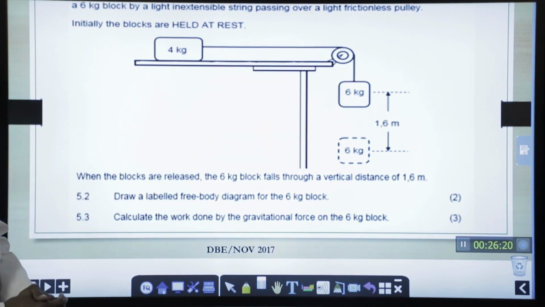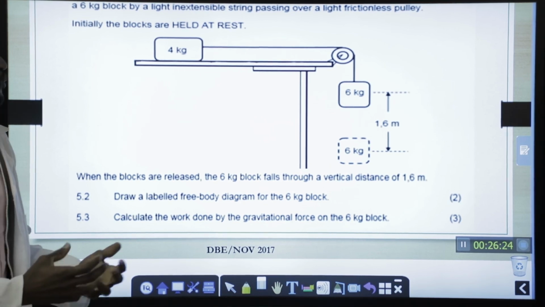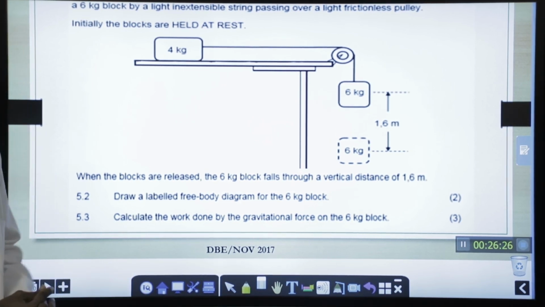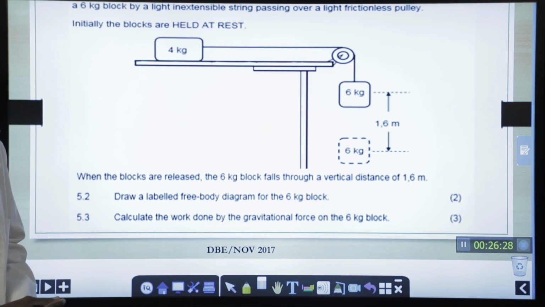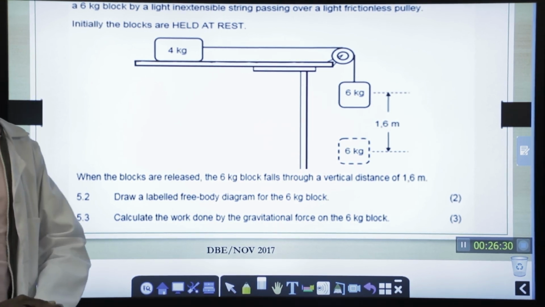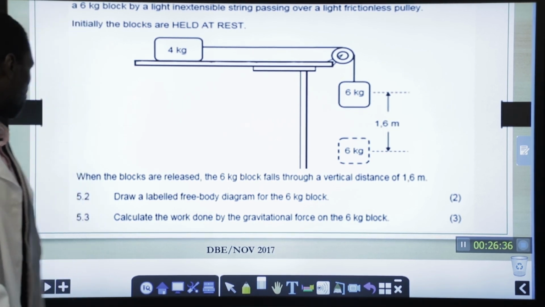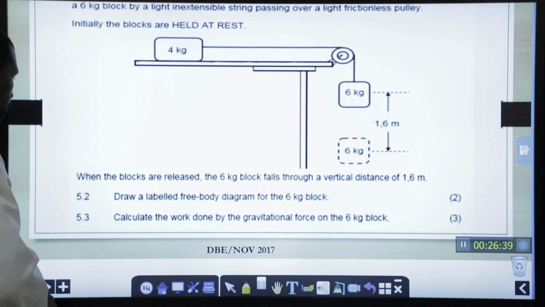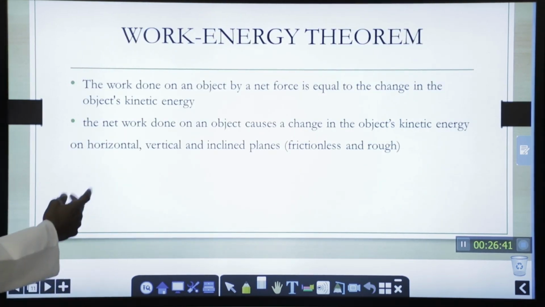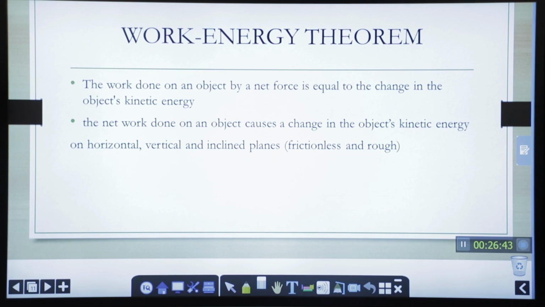We have been able to use aspects of work to find the work done by an object, and the formula force is equal to mass times acceleration in our calculations of work done. What can we expect then in the next lesson? In the next lesson, I wish to look at the work energy theorem with you.